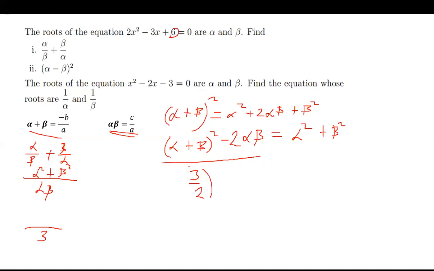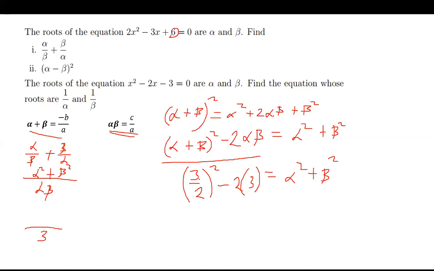And then everything has been squared, this square here. Then minus 2 times alpha beta, where you put c over a, which is 6 over 2, which gives 3. Yeah, so this is just equal to alpha squared plus beta squared.